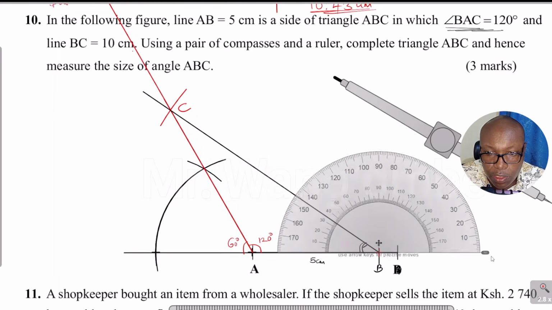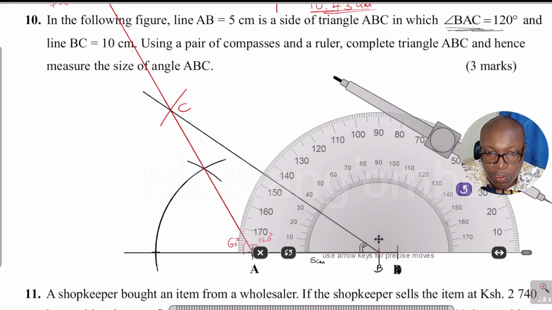So let me try to increase it. You can see I've placed it, ensure the center of the protractor is there. So the angle, you're measuring it from this side, so 10, 20, 30. And you can see it is not yet 35, it is 34. So 10, 20, 30, 34.